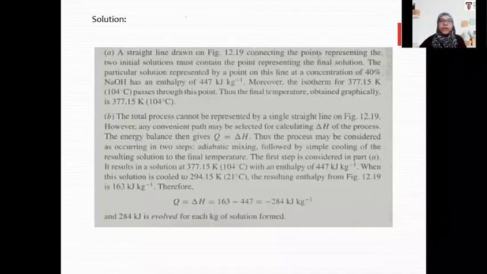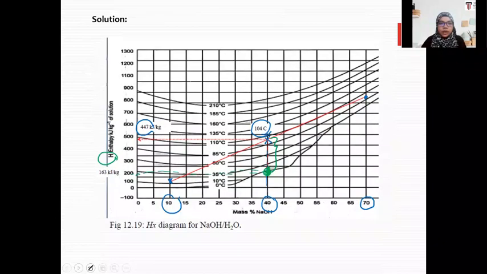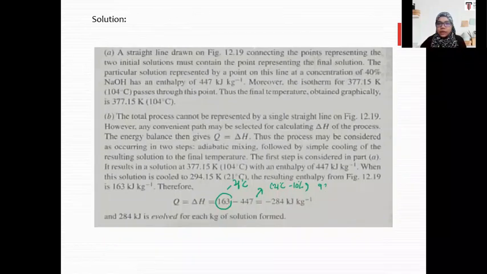The unit is kilojoule per kg. In detail, this is the second point at 21 degrees Celsius, and the initial point we obtain by drawing a connecting line from 21 degrees Celsius at 10% to 93 degrees Celsius at 70%. We call this adiabatic.